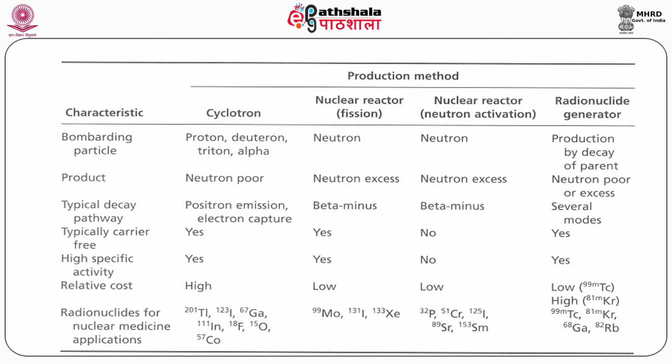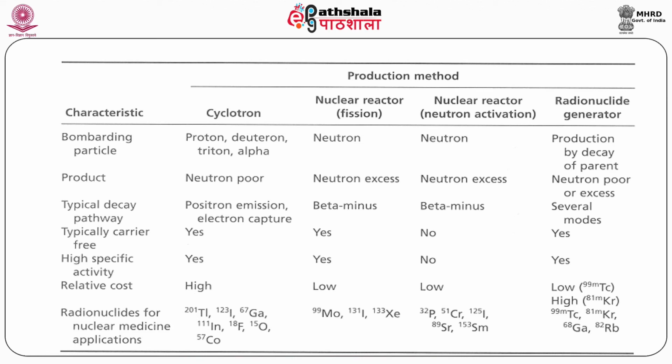In case of reactors, neutron is the bombarding particle, where the neutron activation technique is used, where the target is activated by using neutron. And the radionuclide generator, where the production is by decay of parent to daughter.